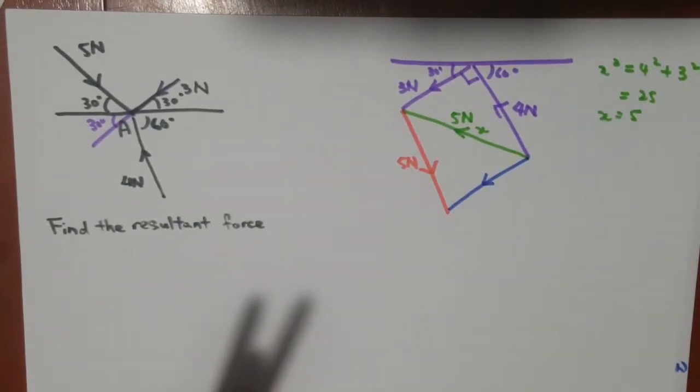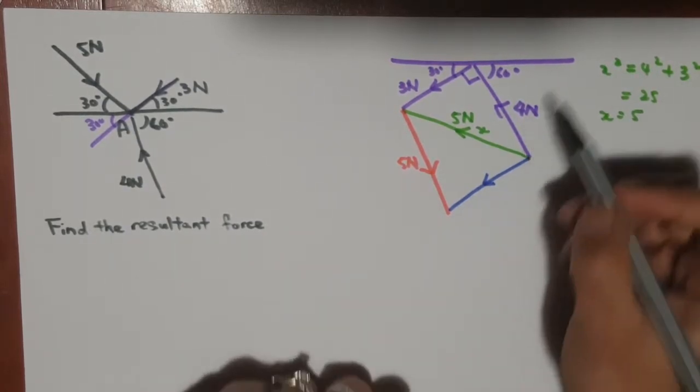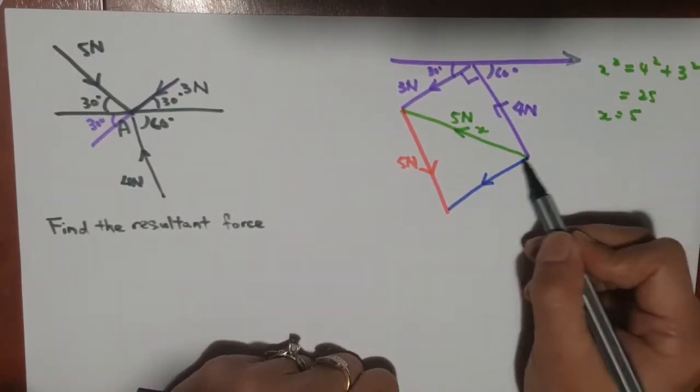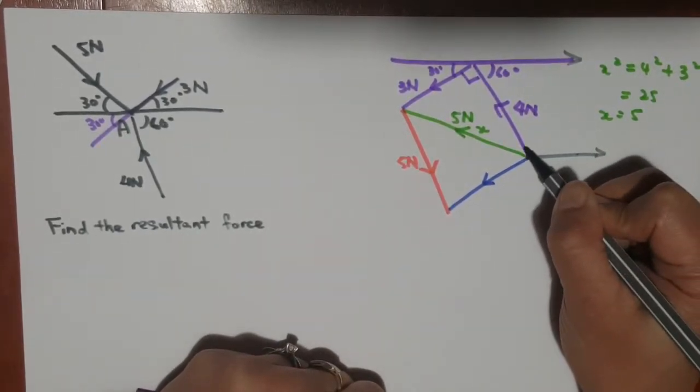So let us draw more clues onto this diagram and see what we can do. If I draw a parallel line extending out from here, I know that this is 120.